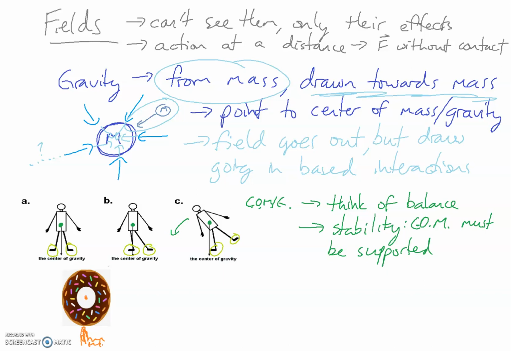Another little picture I can show you is something like this. Here we have a woman doing a yoga pose, and she's totally balanced. Her center of gravity is probably somewhere around here, in her core area, but we don't know exactly where.